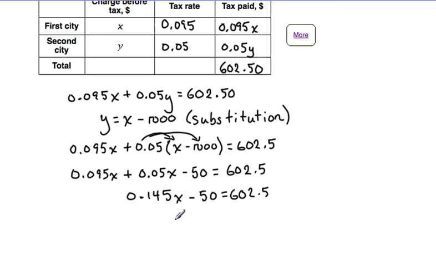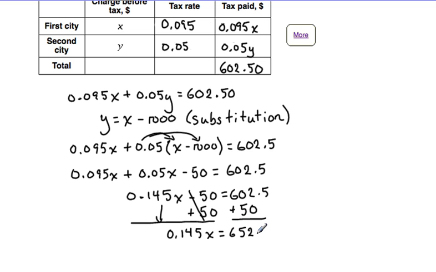Okay, next step. Let's get all the x's on one side and all the numbers on the other side. In order to do that, we're going to move the minus 50 to the right side, and we will add 50. So the 50s will cancel each other out, become 0 essentially, and we will bring down the 0.145x. Now, 602.5 plus 50 is 652.5.